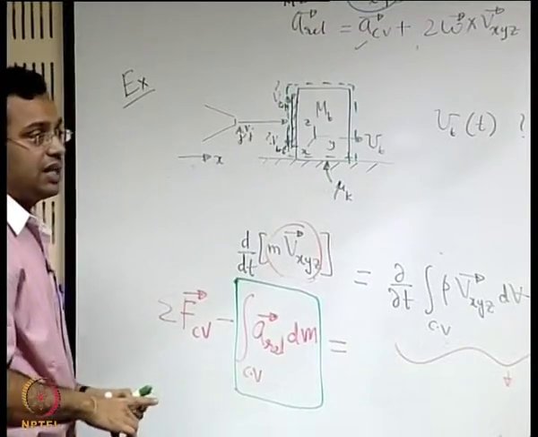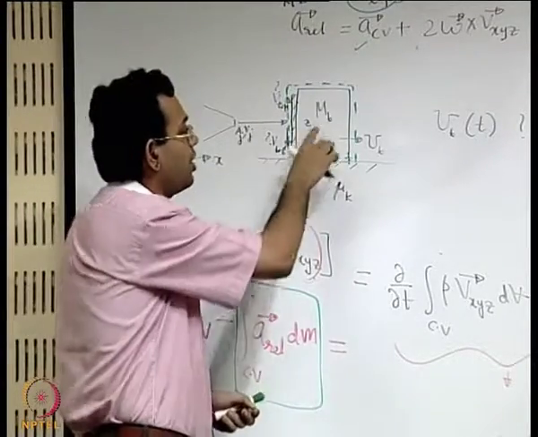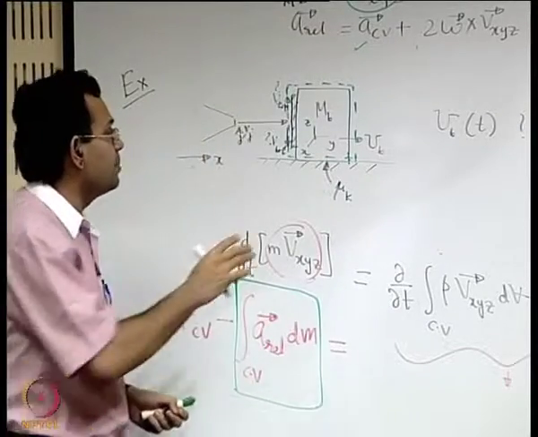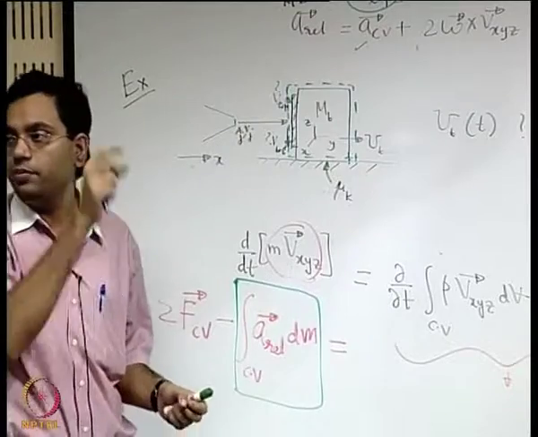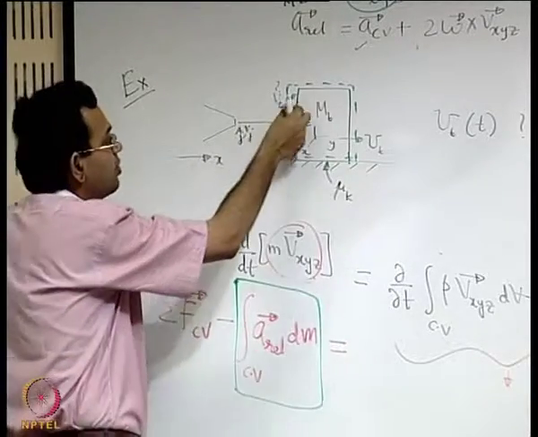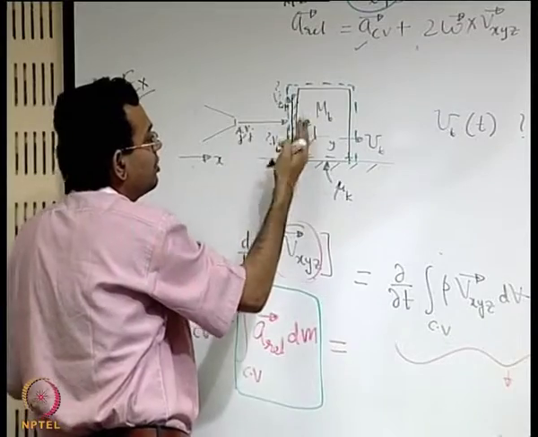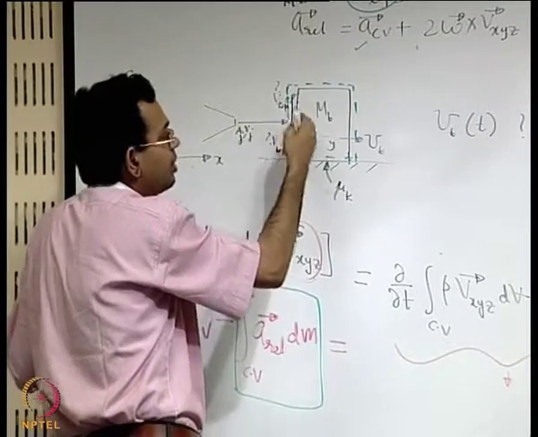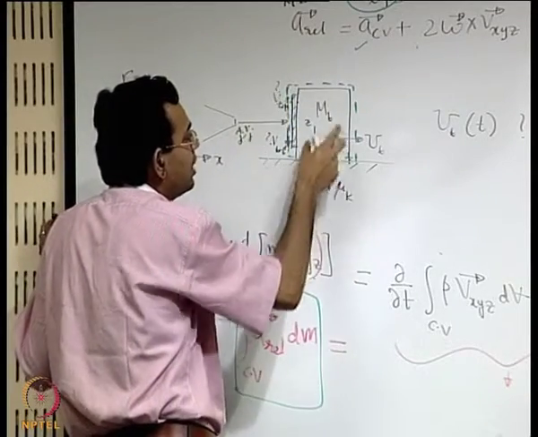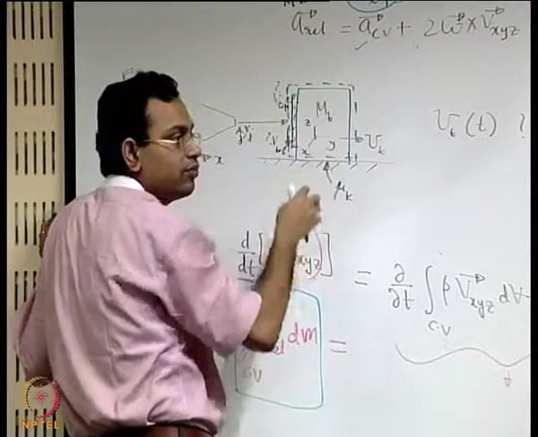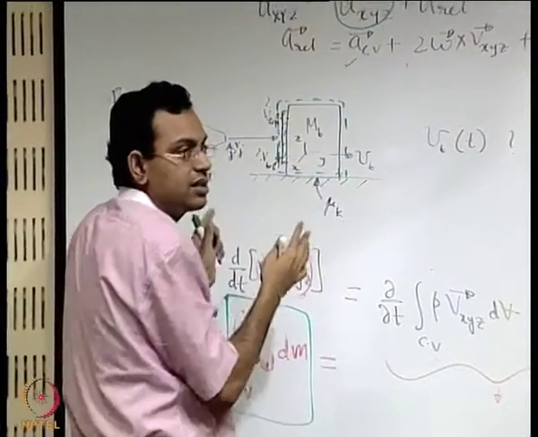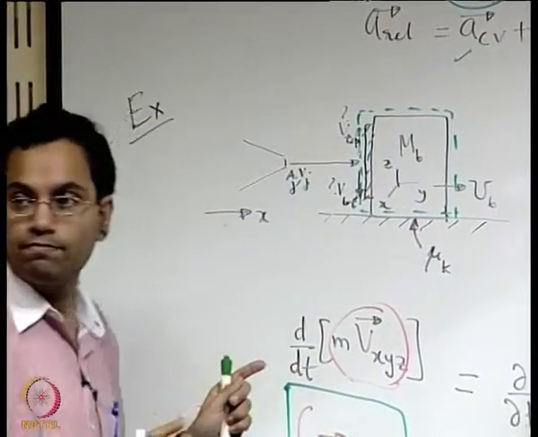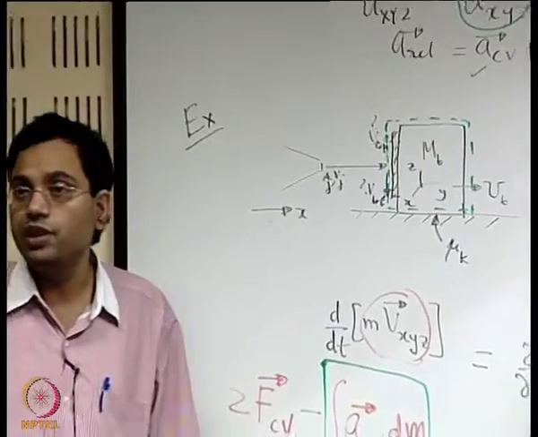Now you have to keep in mind that you are not considering just the block plus some water, but the water mass may be neglected, it is very small as compared to the block mass. Whatever mass of water is flowing in contact with this plate is so small as compared to the capital MB that for weight or mass calculation we will not consider the water weight, that is an assumption that we have to keep in mind.